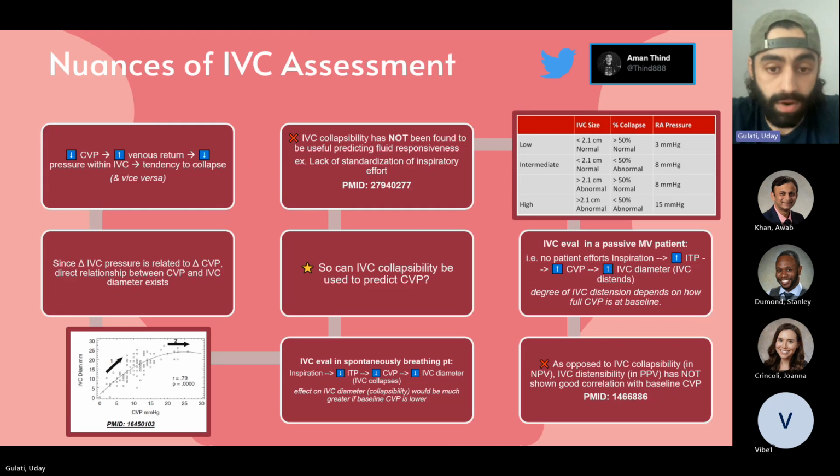The reason that's important is because there are certain caveats, and the caveats are really learned from what the evidence shows. I know this slide might be hard to see, but I'll read through it. There are a few papers that discuss what we call the collapsibility index: how well can that IVC collapse with respiratory variation?